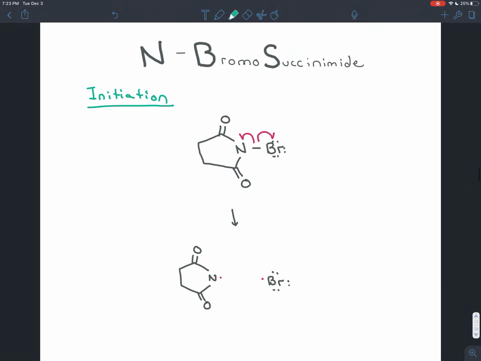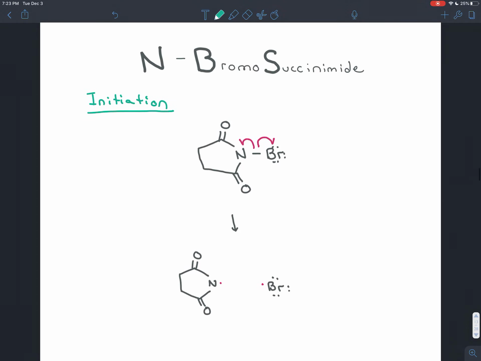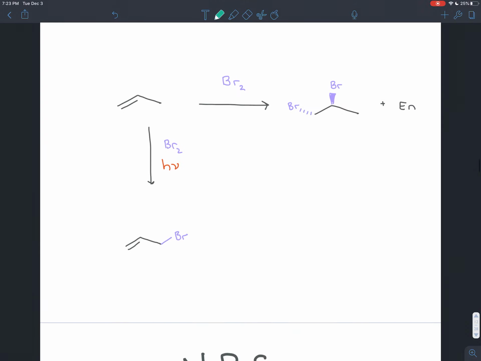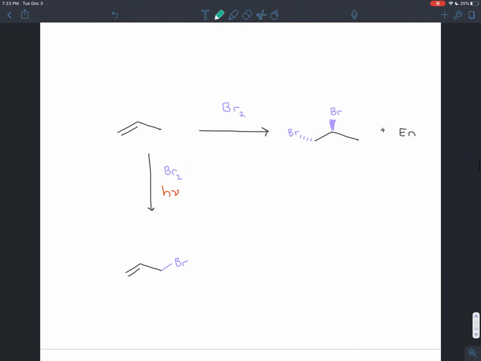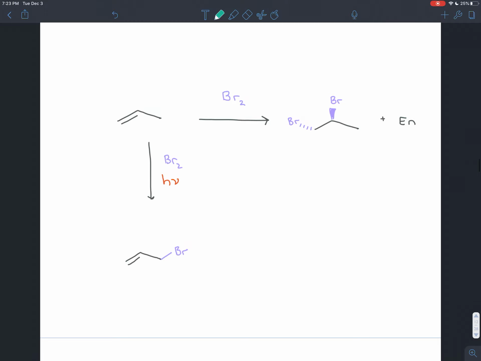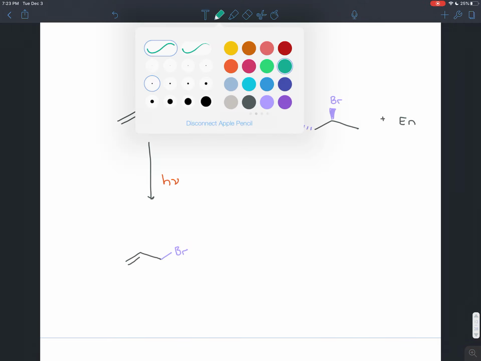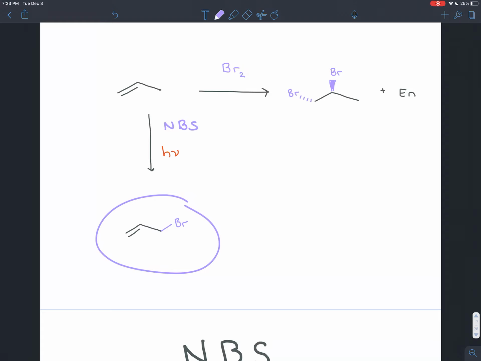And the nice part about this is that in this reaction, that limits the amount of bromine that can undergo this addition reaction. And it prefers the radical reaction. So the magic of using N-bromosuccinimide is that you end up getting the radical products more efficiently.